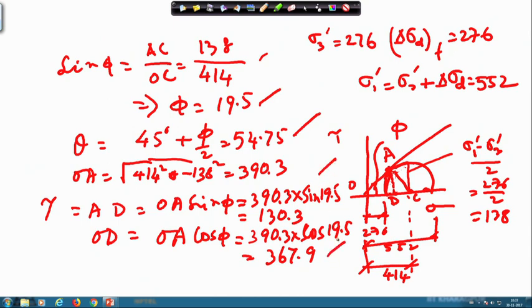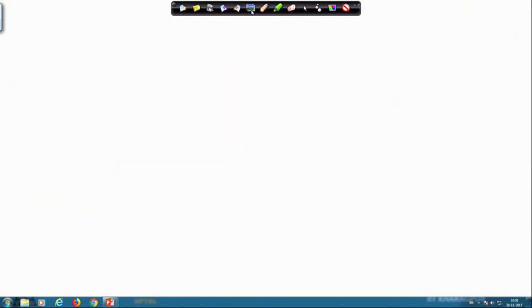So, this is graphical, but I can also get the same thing analytically. Suppose we have given sigma 1 dash minus sigma 3 dash equal to 2 c dash cos phi plus sigma 1 dash plus sigma 3 dash sin phi.